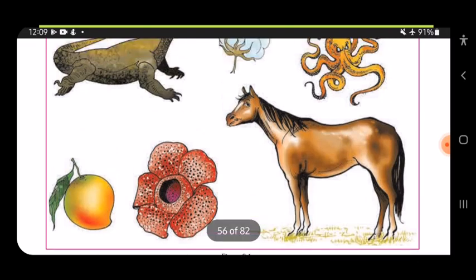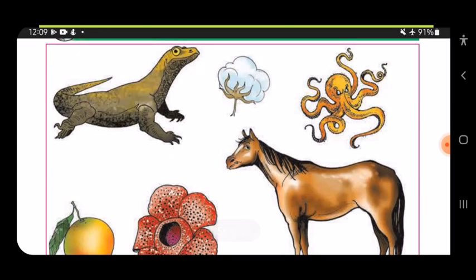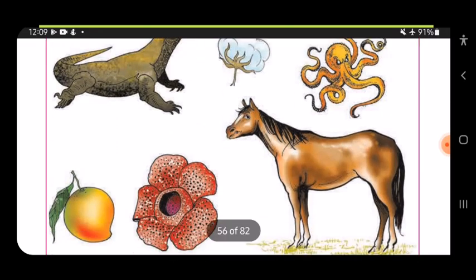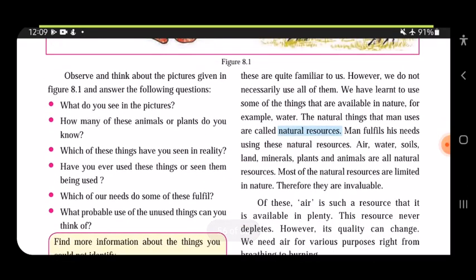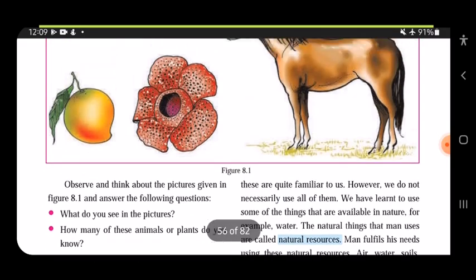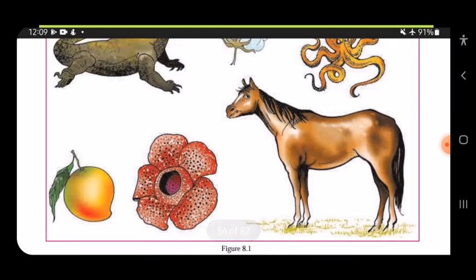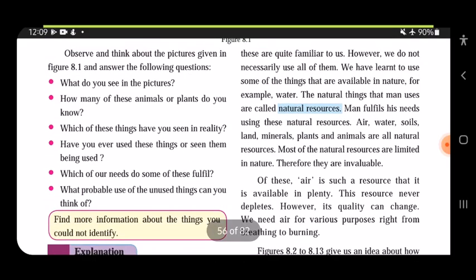We have used a mango, you have used cotton, right? Which of our needs do some of these fulfill? See, cotton fulfills our need, mango fulfills our need, horse also fulfills our need, right? So there are some things which fulfill our needs. What probable use of the unused thing can you think of?